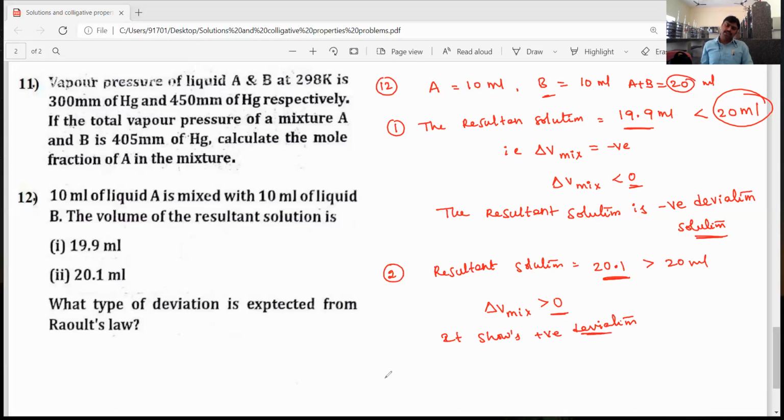For example, the third condition. If they gave the resultant solution as 20 ml, then what kind of deviation will it show?